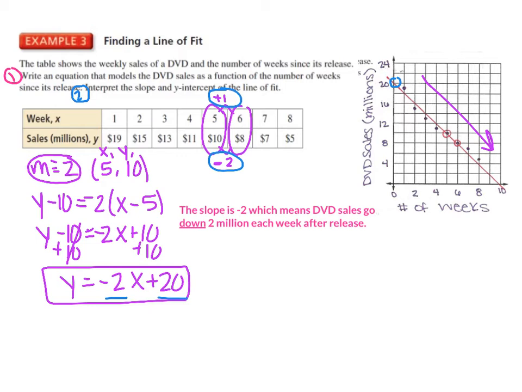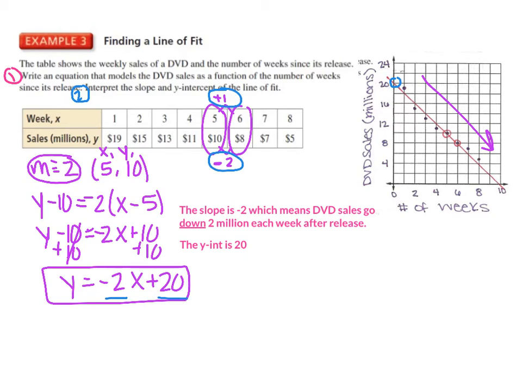And then the y-intercept. Well, I would have to say the y-intercept is 20, which means, but what does it mean? Like at week 0, did they sell any DVDs before they released the DVD?